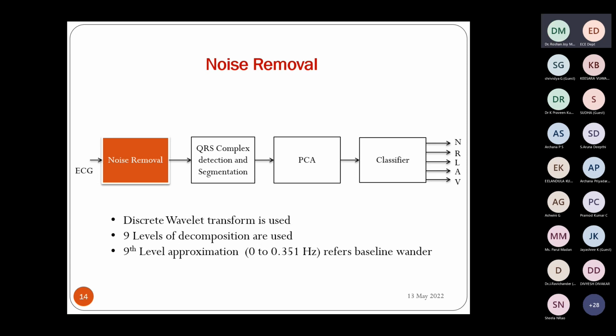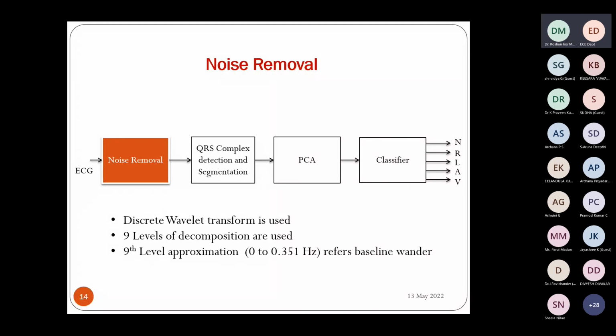Then we can also use other time frequency representations like bispectrum, cumulant. Many representations are used to remove the noise from the ECG signal. And every method has its own advantages as well as its own demerits. So we are discussing in detail discrete wavelet transform based noise removal in the ECG.